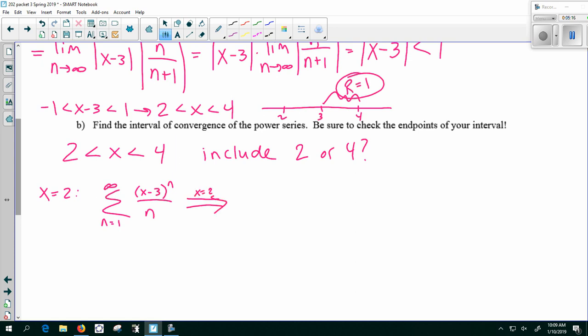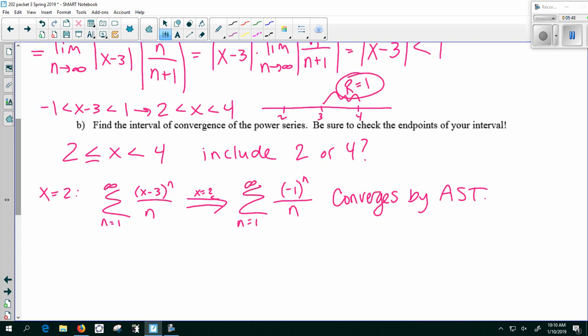If you replace the x with a 2, 2 minus 3 is negative 1, so I have the sum of (negative 1) to the n over n. This is an alternating harmonic series. The terms are decreasing towards 0 and alternating in sign, which means it converges by the alternating series test. So we're going to include the 2. I put an or equal sign on the 2.